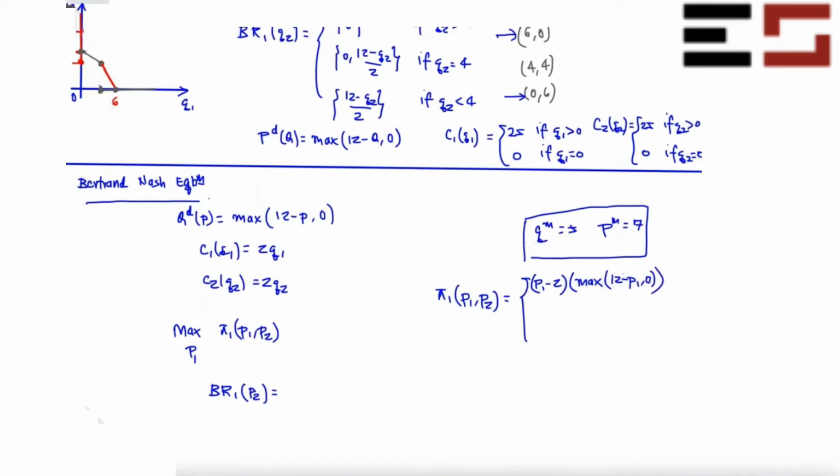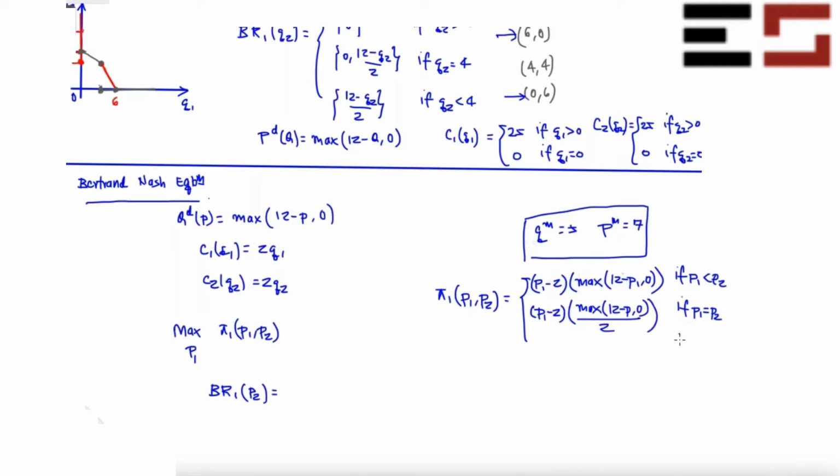This is the case if P1 is less than P2. What if P1 is equal to P2? Then you split the market, so you sell half of max of 12 minus p comma 0.